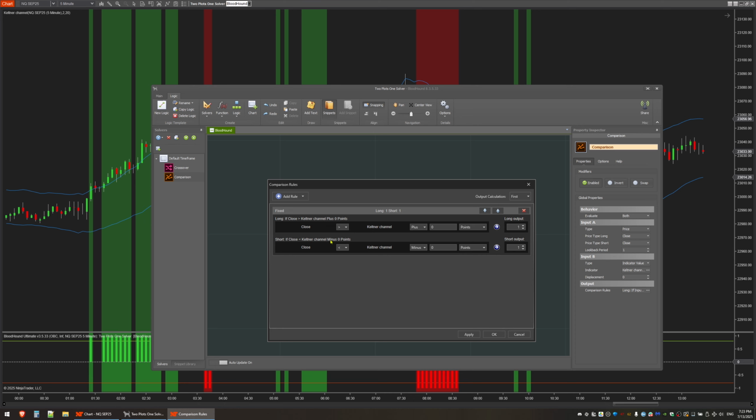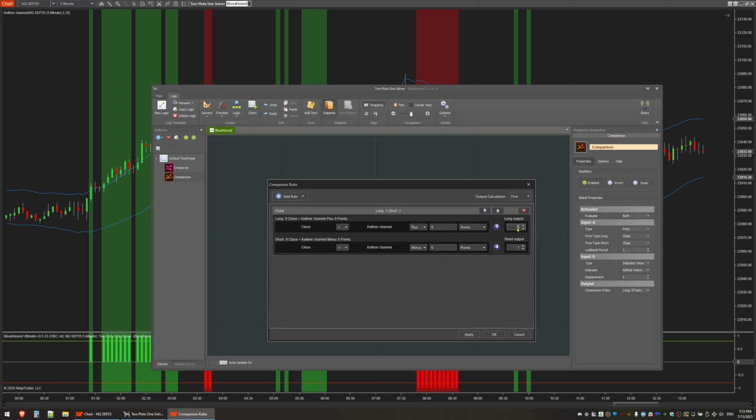Remember, we went in there and chose only the upper line should be considered for long signals. So when we're looking at this row, we're saying if the close is greater than the upper line that we checked over there, then give us a long signal, 1 or 100%.